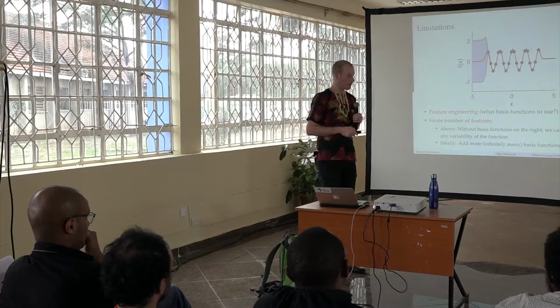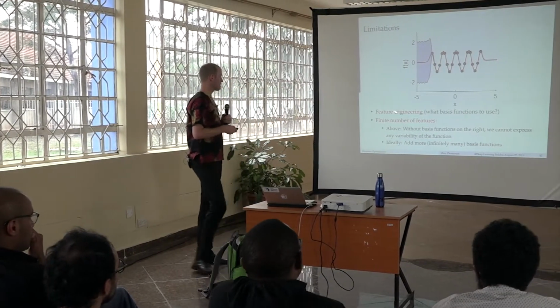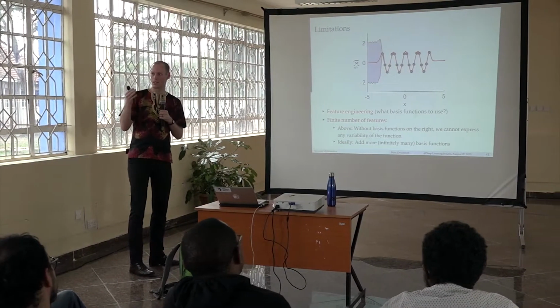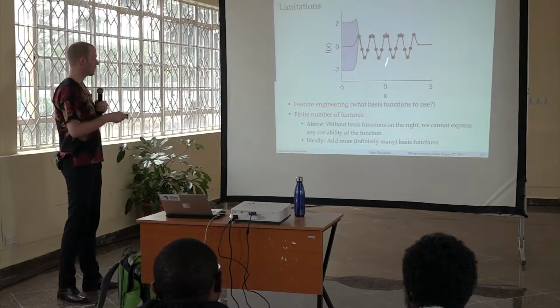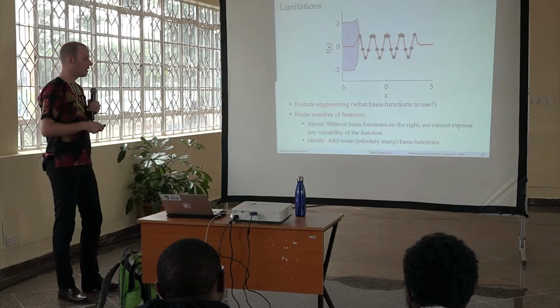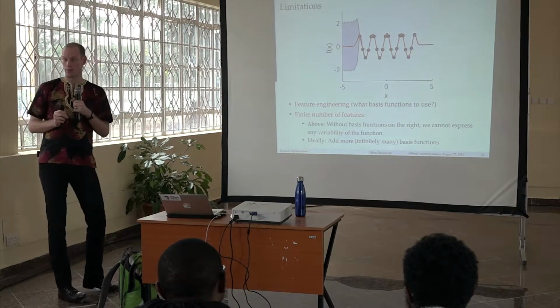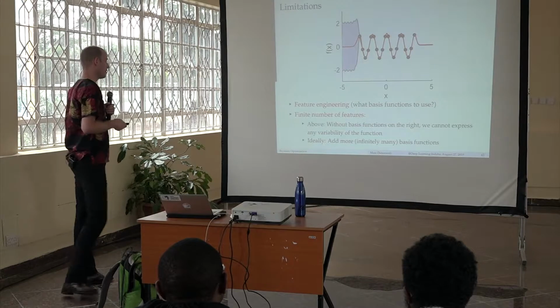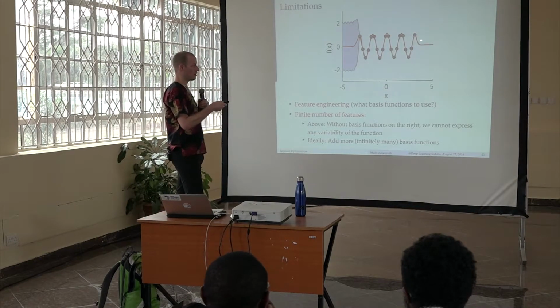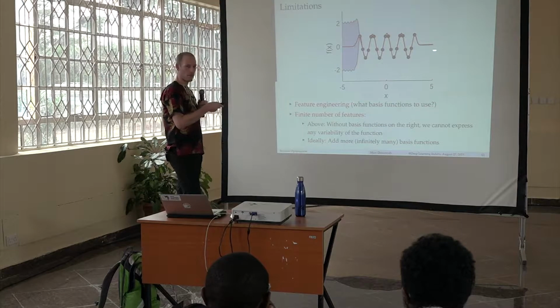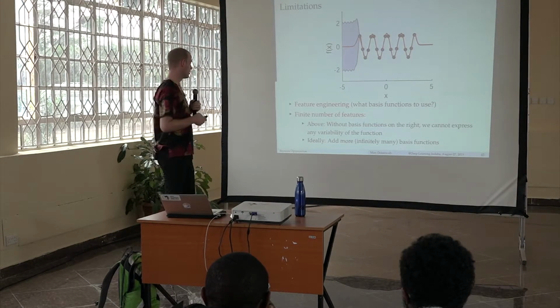Okay, so what can we do? Feature engineering. We can say we want to model periodic functions. We can use features that are periodic, and then we can model this actually very nicely. The point over there is the finite number of features is a problem, and the reason why we have this confident prediction here is that we don't have basis functions in this area.